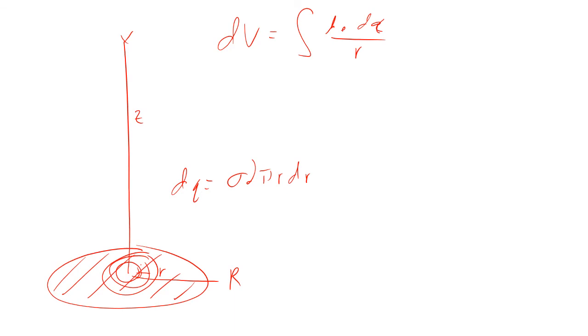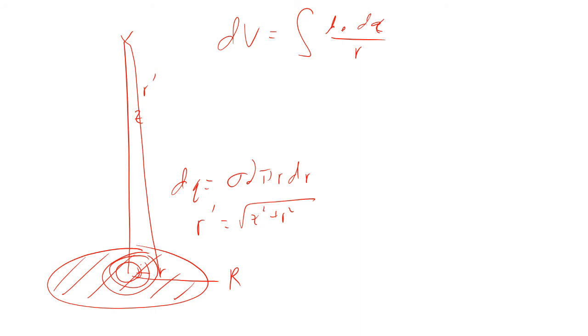Okay, so the only problem is that r is not the same as this r. That's r prime right there. So r prime is going to be the square root of z squared plus r squared.